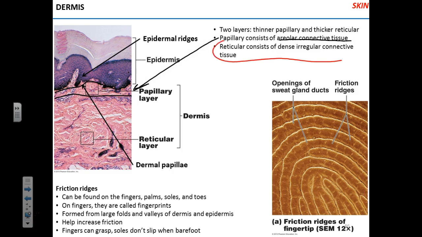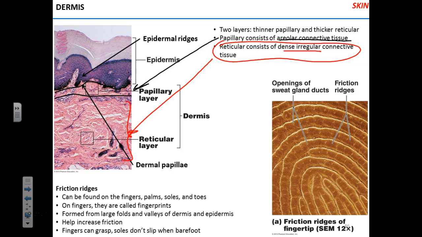Reticular layer, the deepest layer of the dermis and technically the deepest layer of the skin right here. First of all, it's pretty thick, and it consists of dense irregular connective tissue. So please know which tissue comprises which layer, and think about this. Your skin experiences a lot of pulling force.